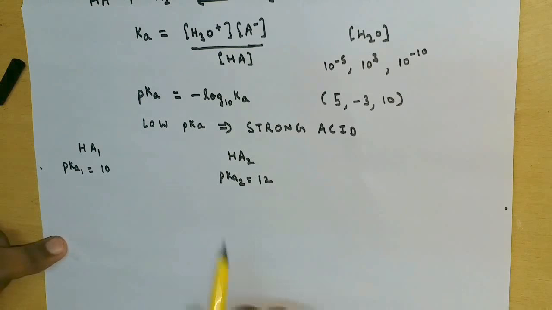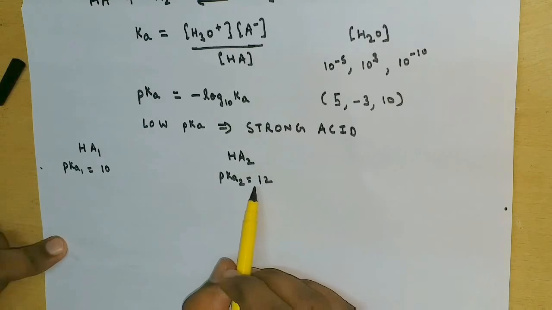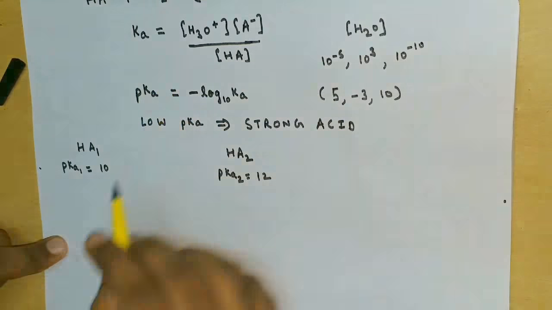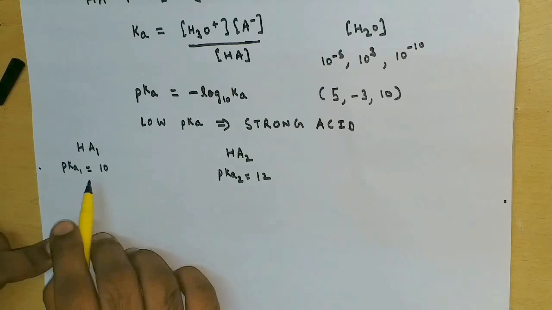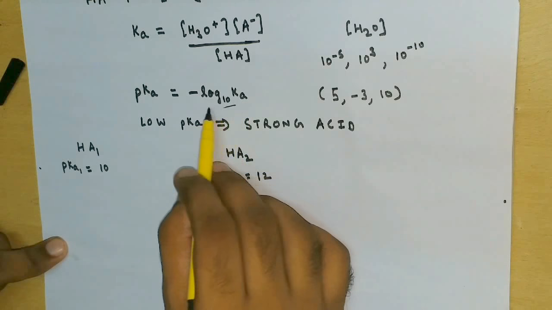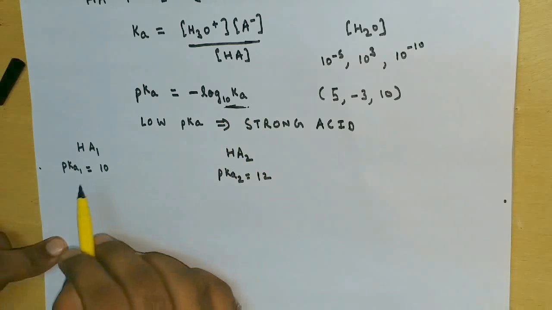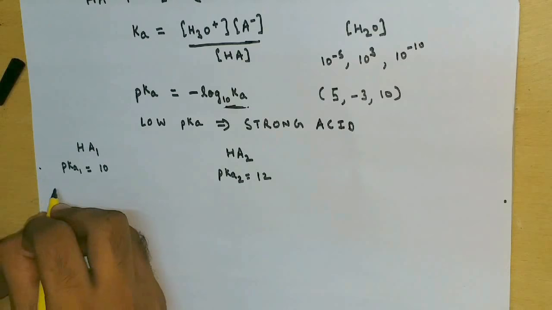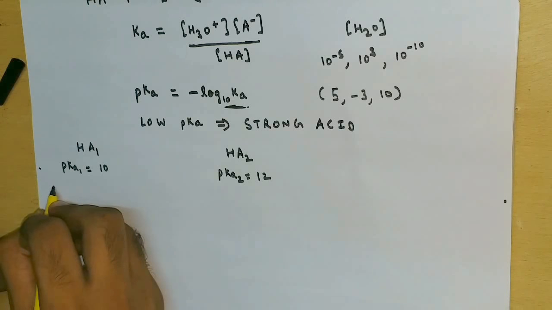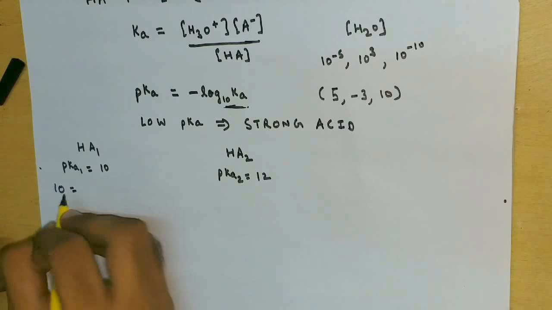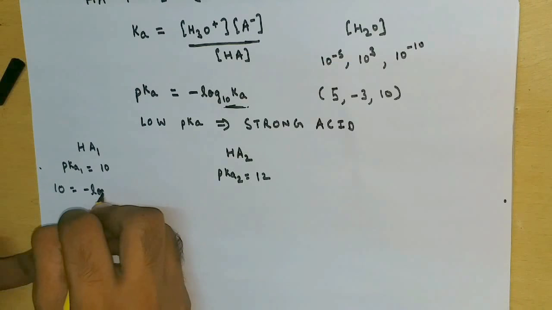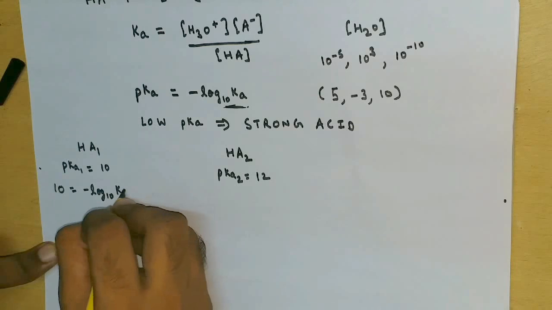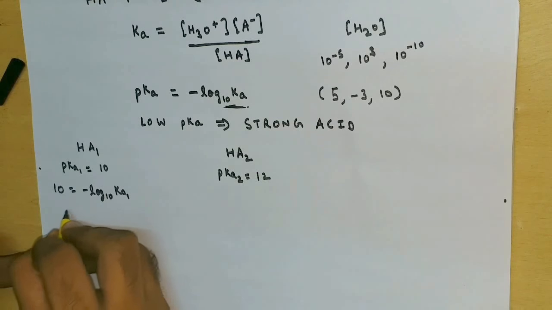So first we have to determine their respective Ka values, and to do that we have an equation governing the relationship between pKa and Ka. Hence for HA1 we can write 10 equals minus log Ka1, base is 10, and Ka1 comes out to be 10 to the power minus 10.